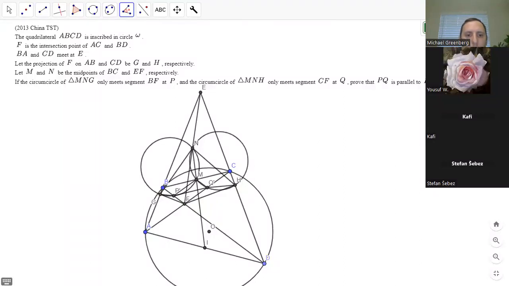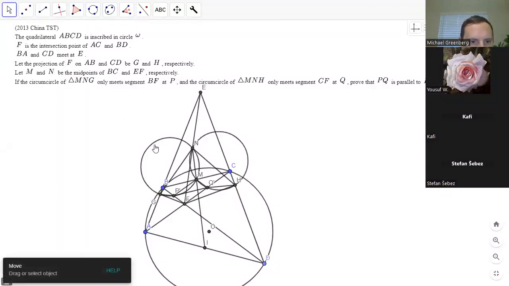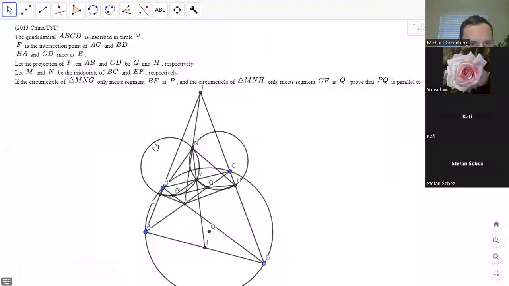Okay, I think I might have solved it. So we want to do an angle chase to show that this is cyclic. And that's the same as showing an angle GNM is... okay, now I'm getting confused.